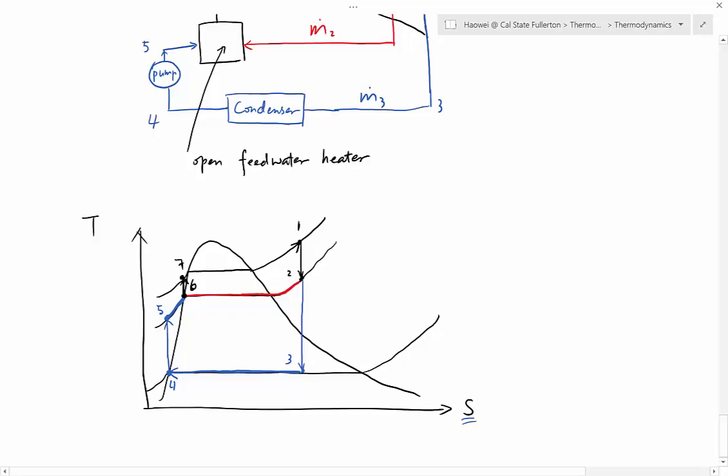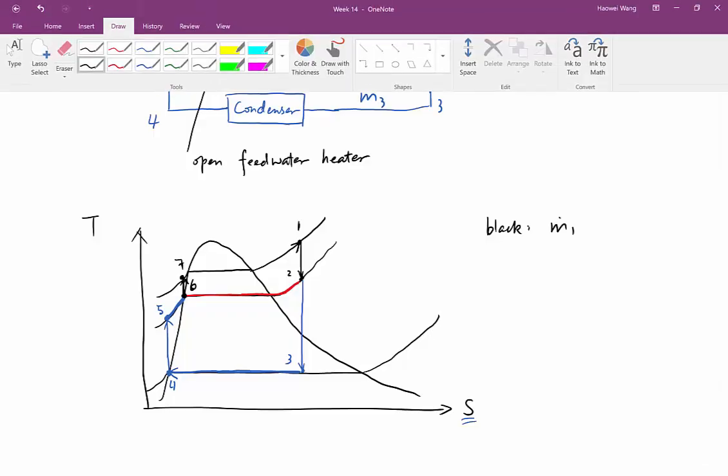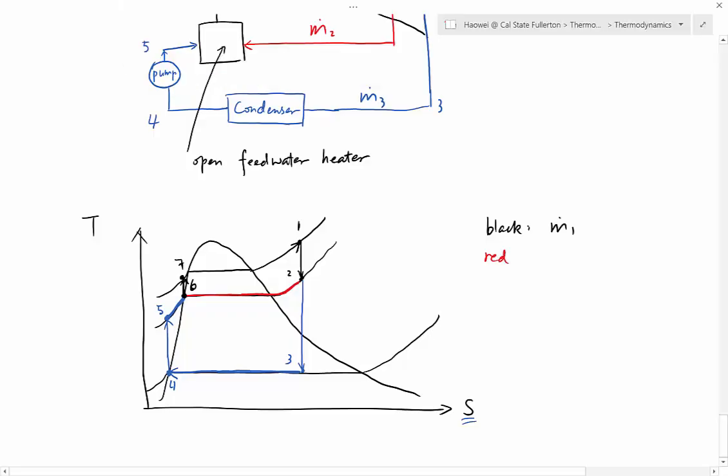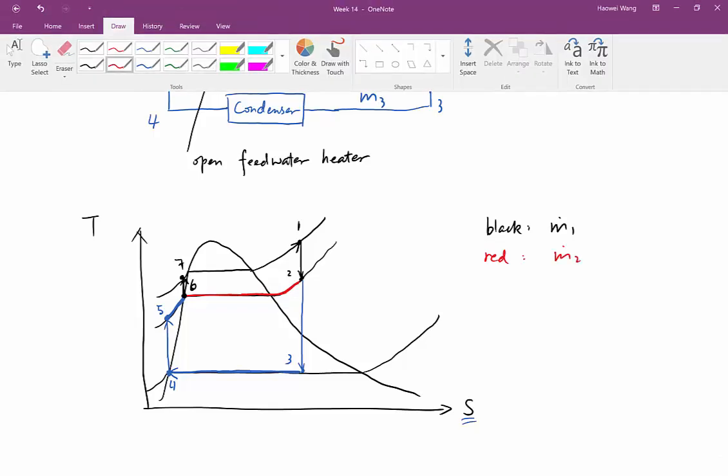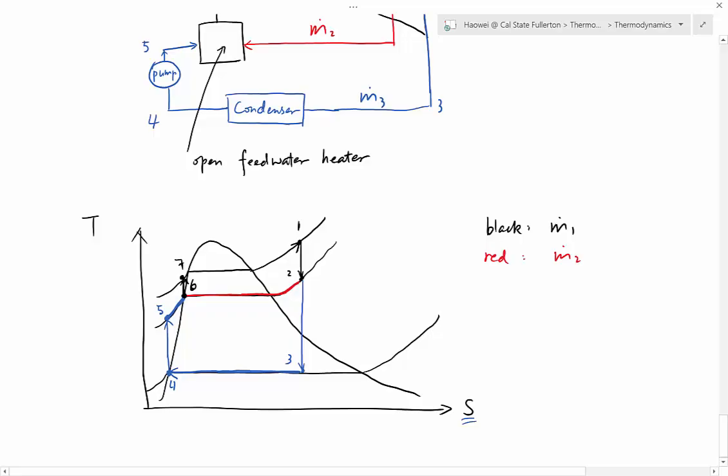The black one has a mass flow rate of m dot 1. If it is black, that means the mass flow rate is m dot 1. If it is red, that means the mass flow rate is m dot 2. And if it is blue, the mass flow rate is m dot 3.